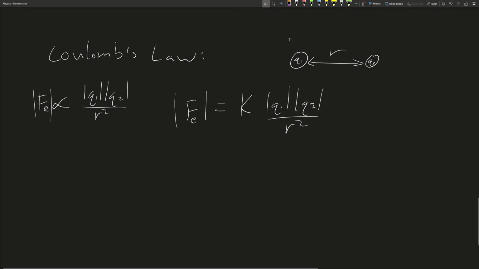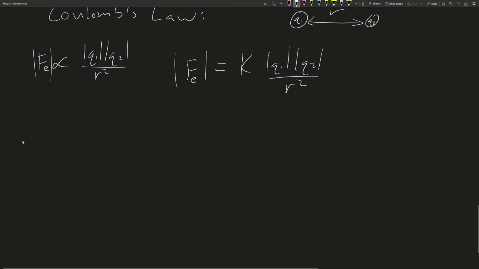Now, this constant K here is actually equal to 1 over 4 pi epsilon 0. So epsilon null, or whatever way you want to say it.